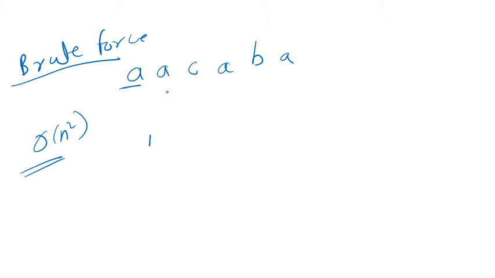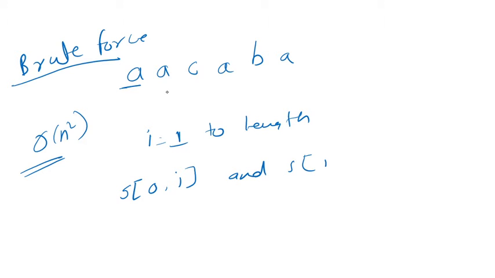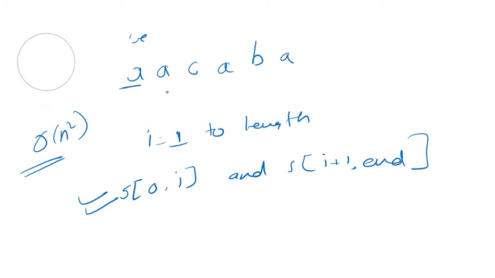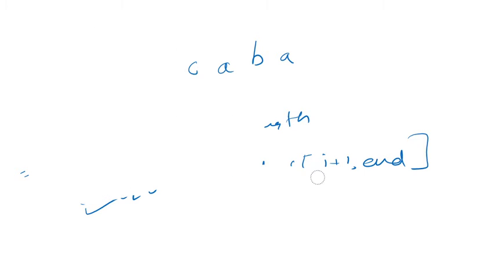Loop from i equal to 1 to i equal to length, and count the number of unique characters in the substring 0 to i and the substring i plus 1 to end. So this is sort of easy. You can do it in O(n^2), but we need to come up with a solution of O(n), right?